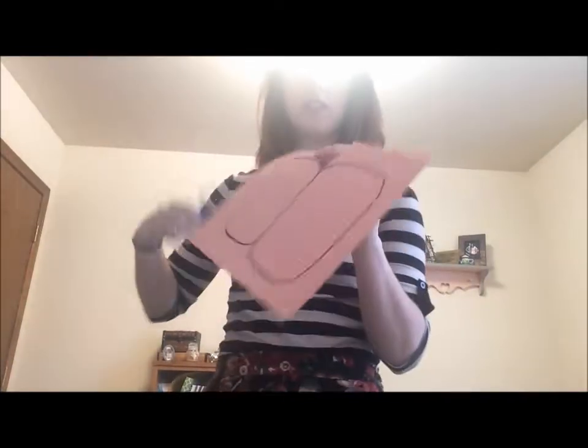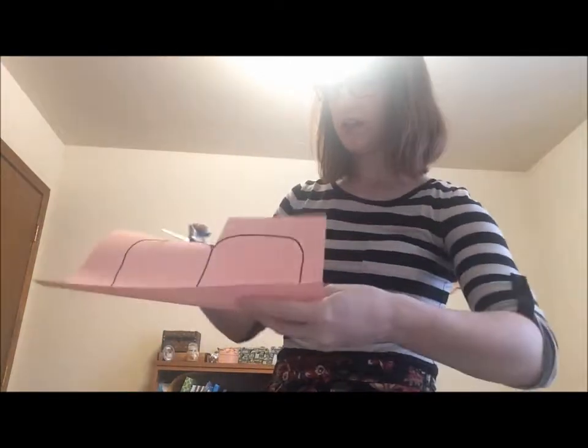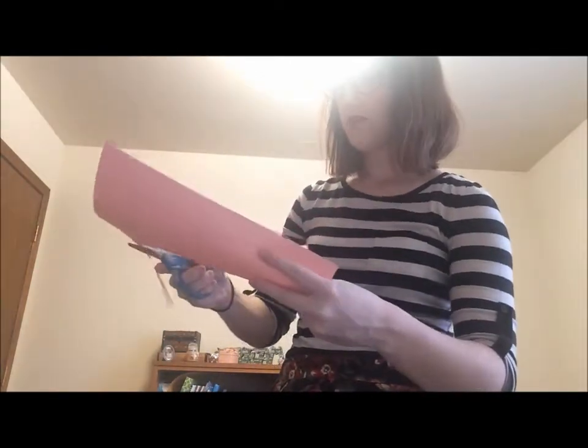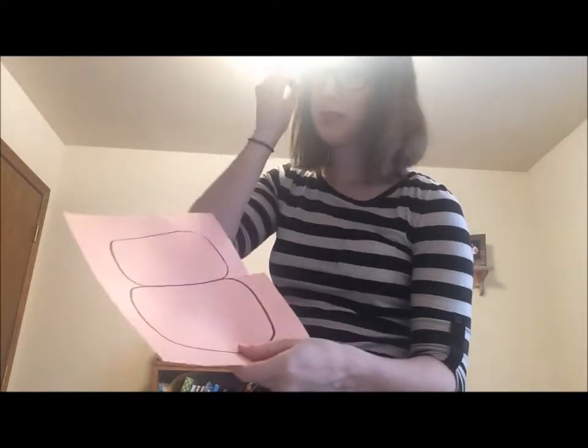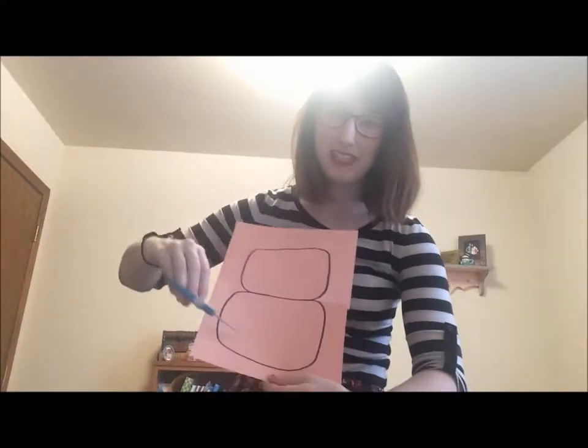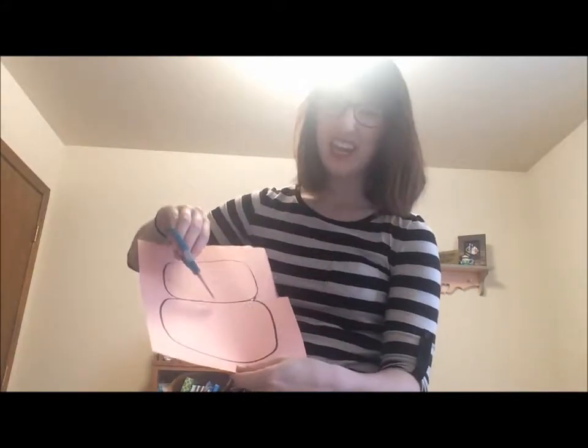So here's what we're going to do after I dismiss you back to your workstation. Everyone is going to get a paper like this, and you're going to cut it out along the black lines. However, we are not going to cut this line because we're pretending it's kind of like a briefcase type of thing, and we don't want to cut that out because then we would break it.